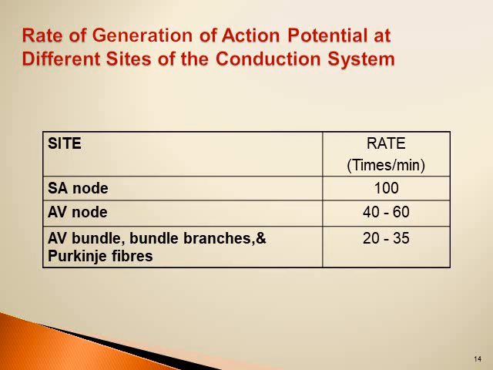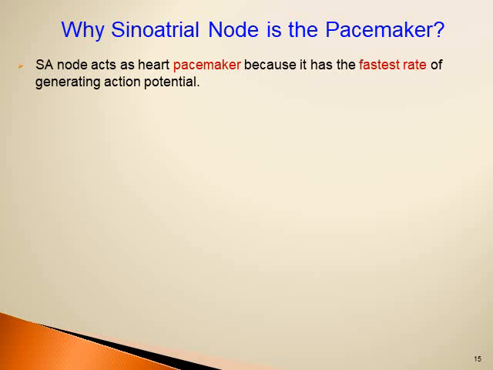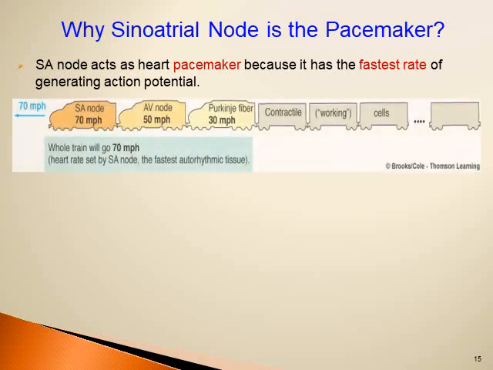It can be up to 40. So different parts of the conduction system have different rates of action potential generation. Why is the SA node the pacemaker? Because it fires at the highest rate. The SA node acts as the heart pacemaker because it has the fastest rate of generating action potential.